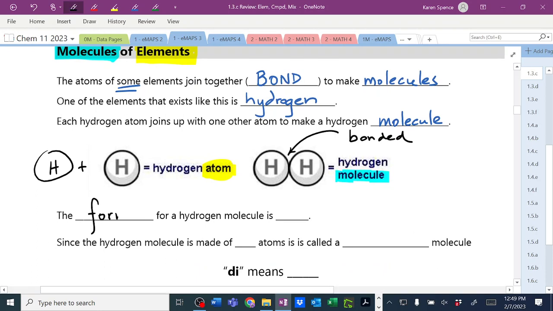The formula or symbol for a hydrogen molecule is, see if you can tell your partner. Yeah, I'm hearing a lot of H2s out there. That's absolutely correct because we have, what does that little 2 tell us? That tells us the number of H atoms.